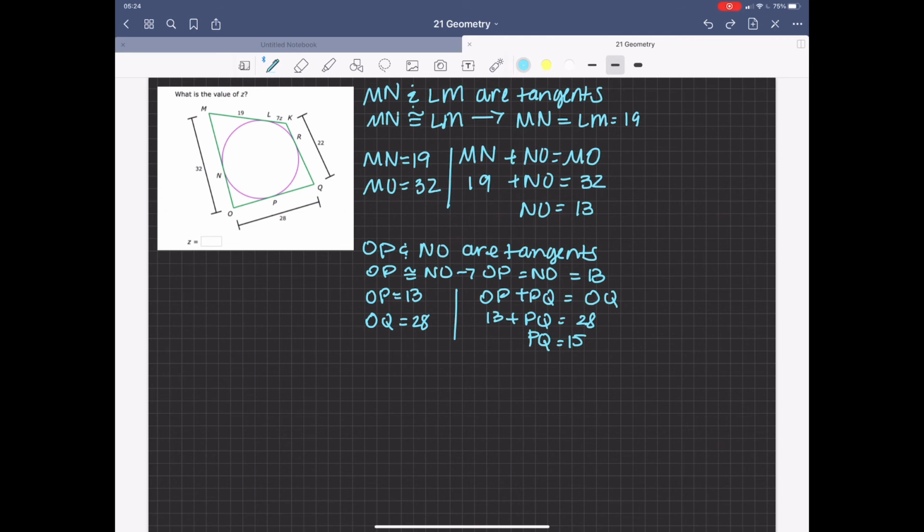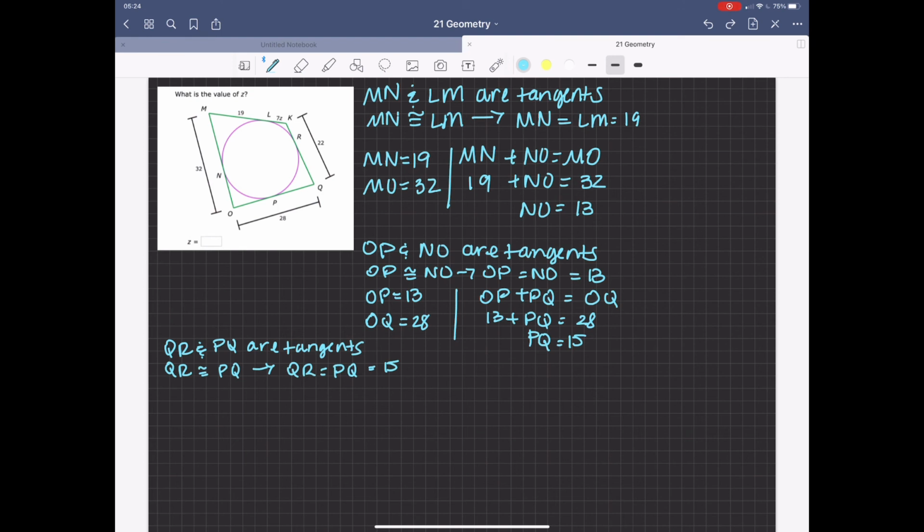QR and PQ are tangents. QR is congruent with PQ. I'm moving on to the next set of tangents. So I know that QR equals PQ, which equals 15. So I want to be clear. This is the third side out of 4.